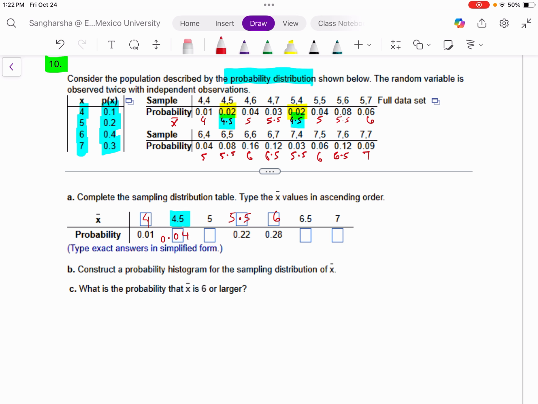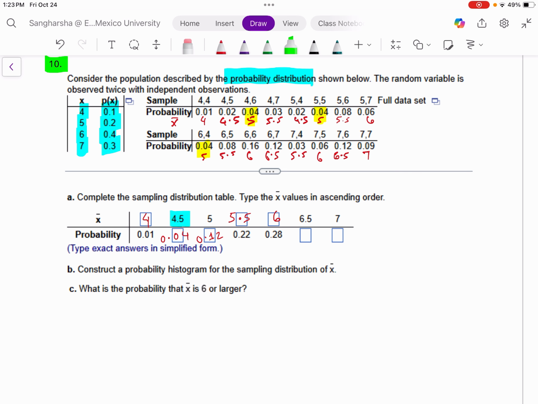To find the probability that x bar is 5, let's look for the 5. So 5 is here, and 5 is here, 5 is here, right? So let's add the corresponding probabilities: 0.04 plus 0.04, 0.08, plus 0.04, 0.12.